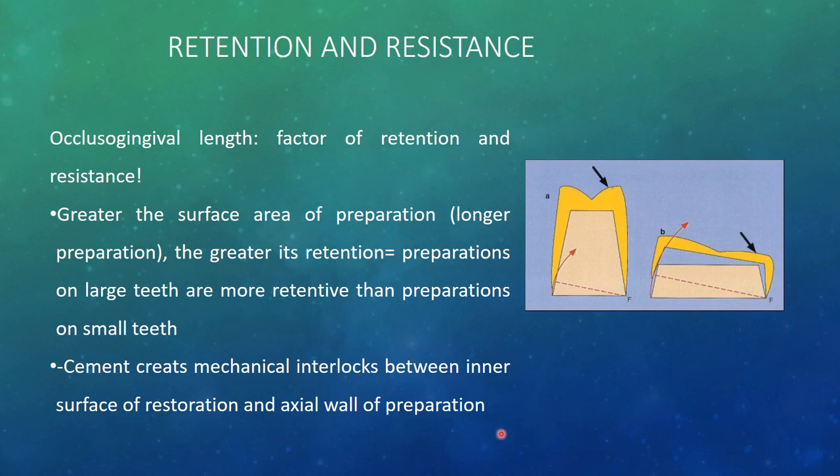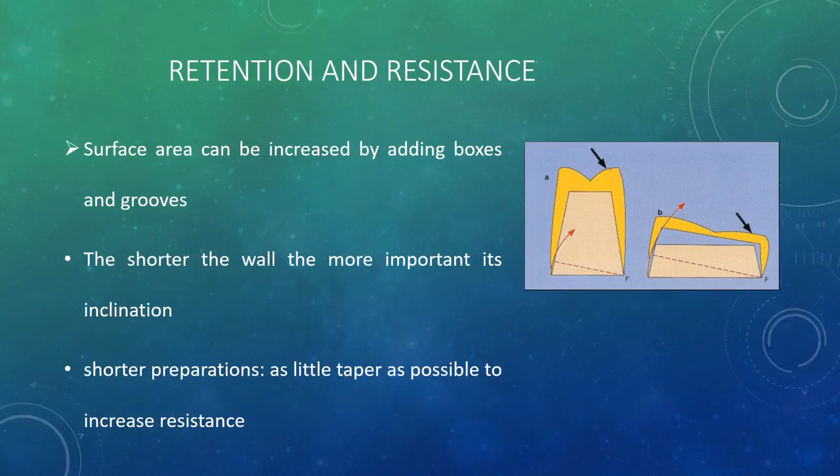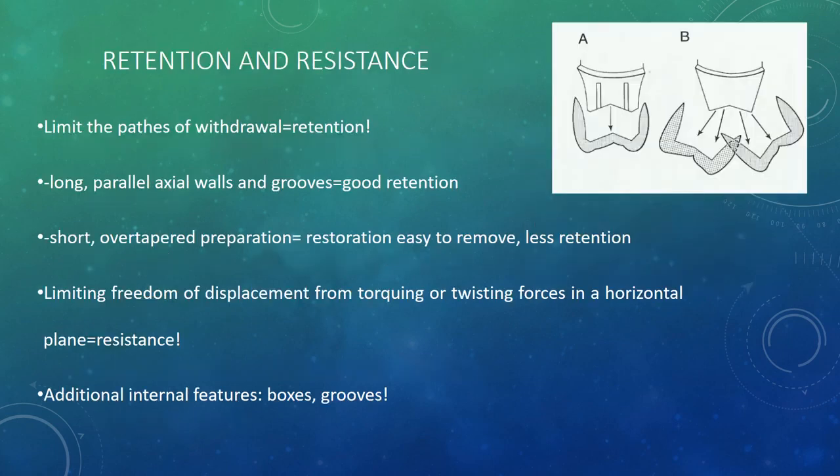So at the end, if you incorporate all the features, the cement is going to enhance the retention by interlocking and giving mechanical retention between the tooth surface and the restoration. Surface area can be increased by adding boxes and grooves if required. The shorter the wall, the more important its inclination. In a shorter preparation, as little taper as possible is used to increase retention and resistance. So we have to incorporate all these features, guys.